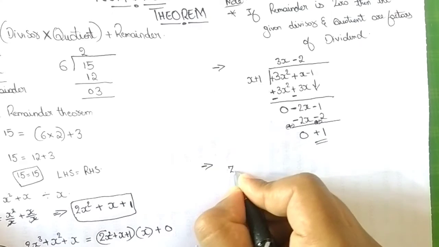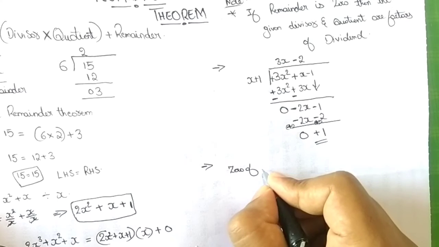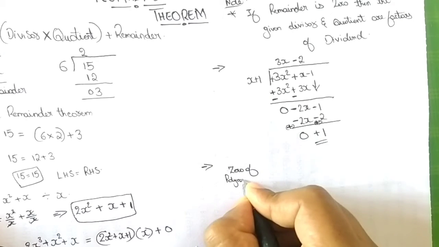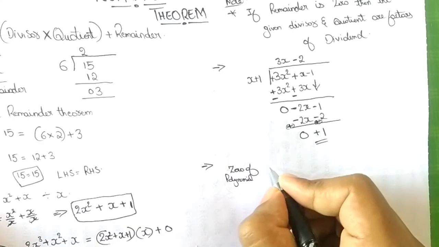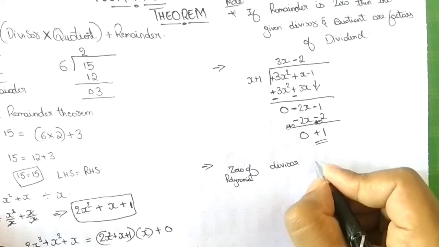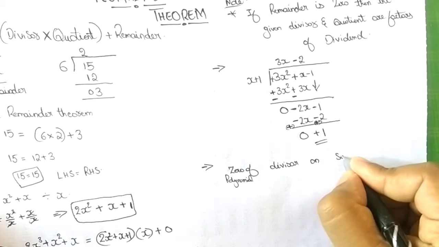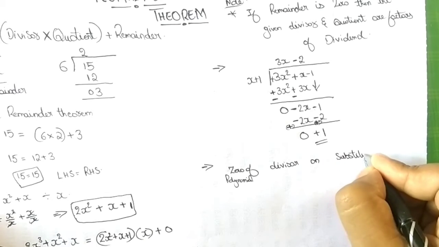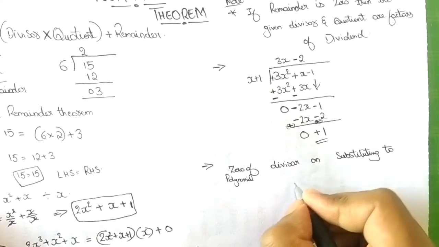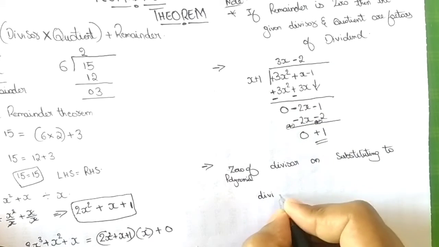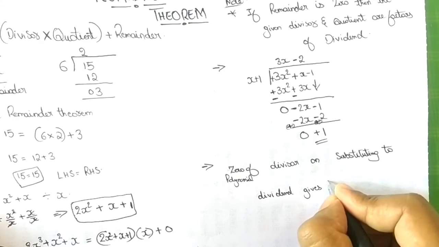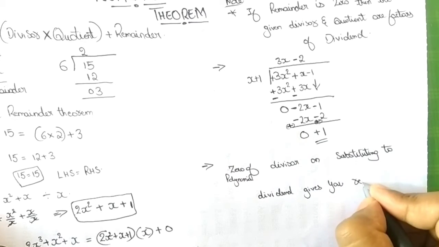Actually, the zero polynomial of the divisor, on substituting into the dividend, gives you the remainder.